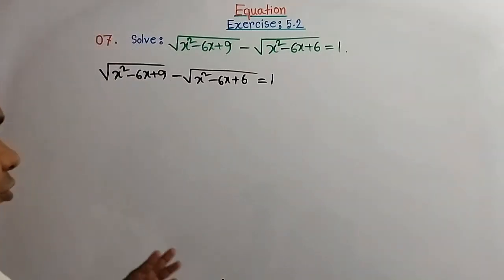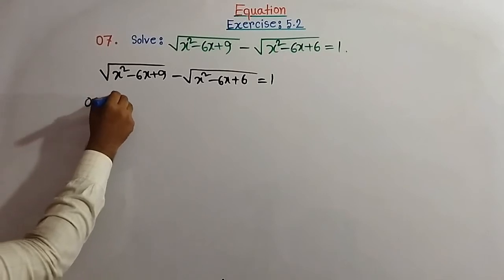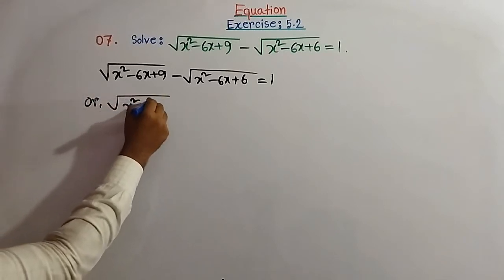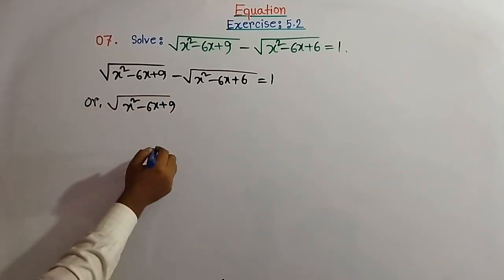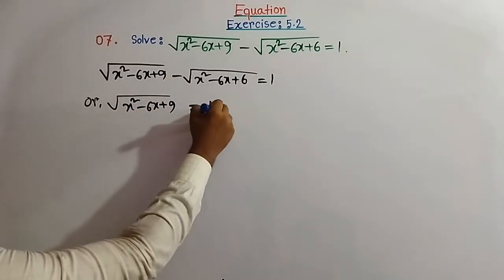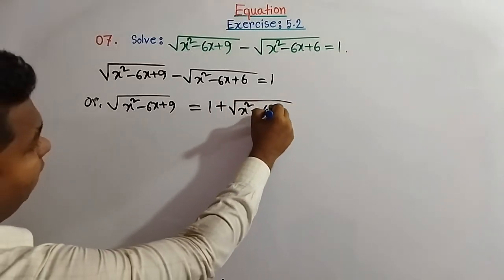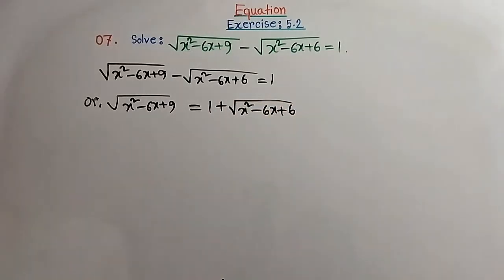So for easily solving this math, at first we write square root of x square minus 6x plus 9, here minus this term will be equal to 1 plus this, that is square root of x square minus 6x plus 6. Now we square on both sides.